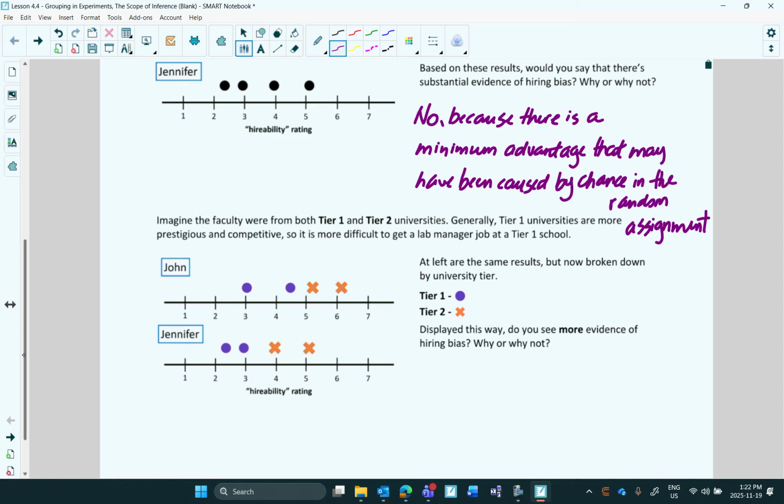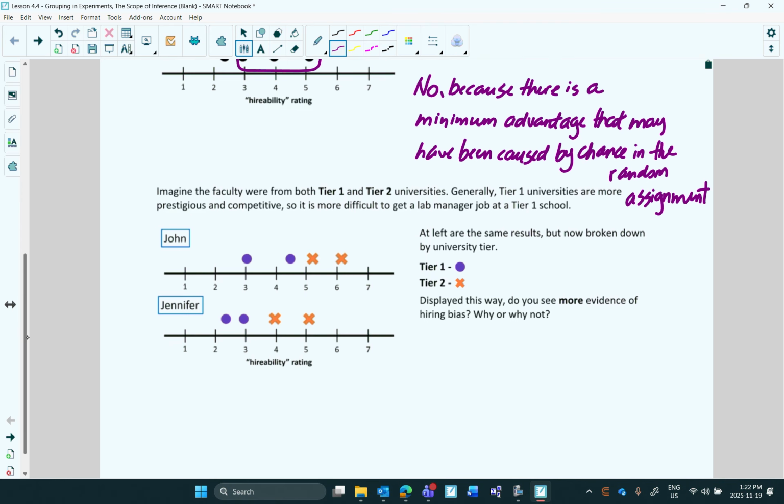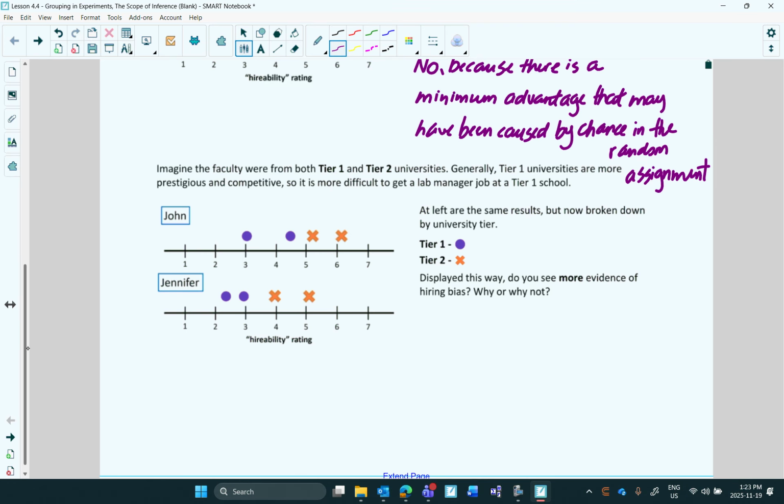Do you see more evidence of discrimination here? Yes, because up here you have this overlap where really neither had an advantage. But here, if you look at it, there's very little overlap in the purple, and the same with the orange X's. It seems to be more clear that the faculty members prefer John.